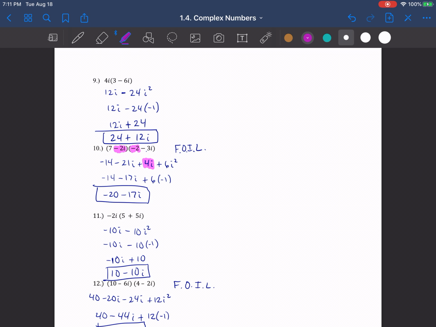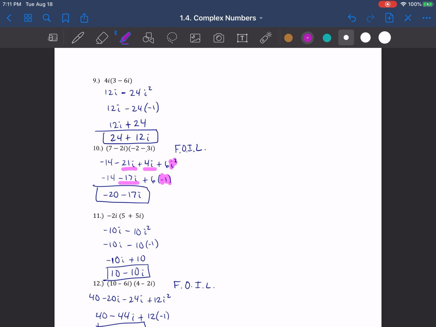Carry the i along. Then we have negative 2i times negative 3i. So this, we have to worry about the i squared. Negative 2 times negative 3 is positive 6. i times i is i squared. And then in the next line, we replace the i squared with negative 1, and we combine our like terms. Here we have negative 21i plus 4i.